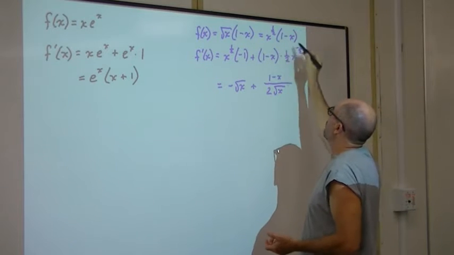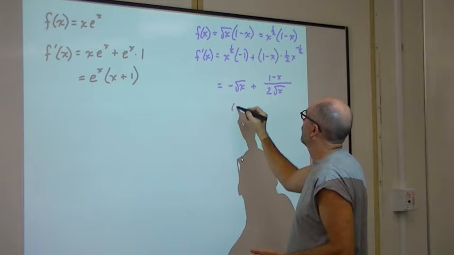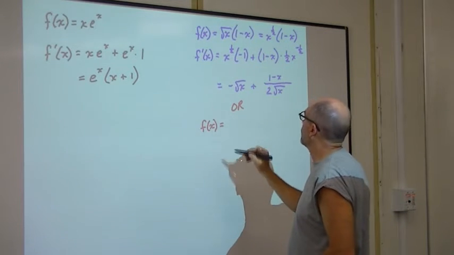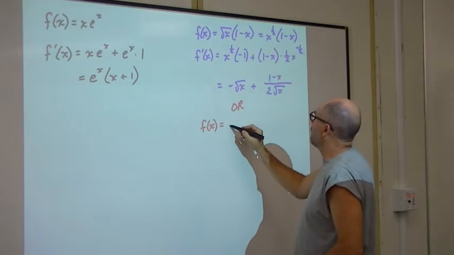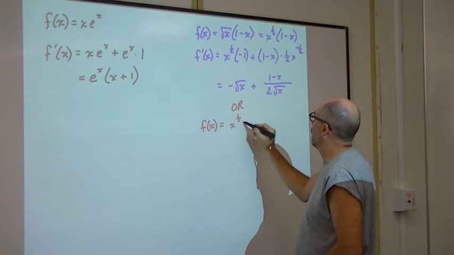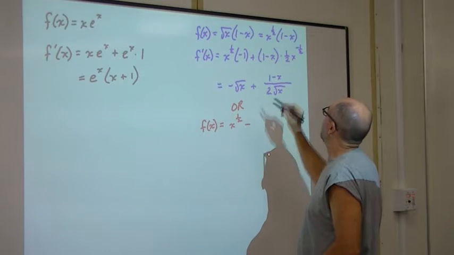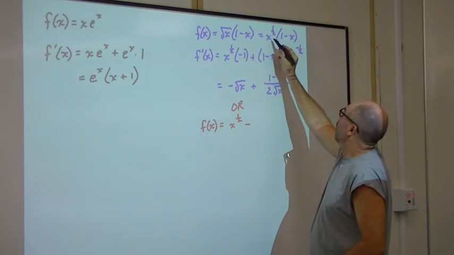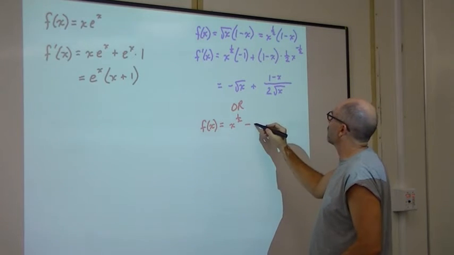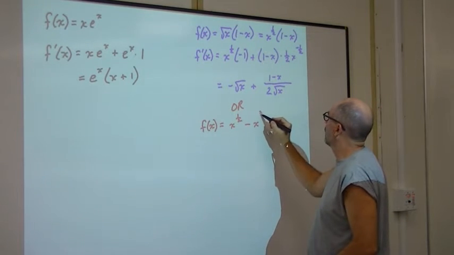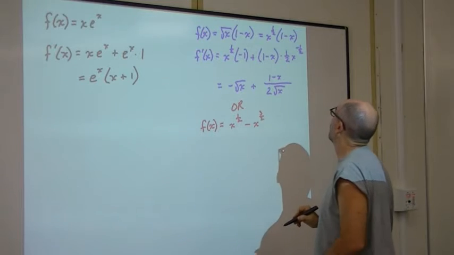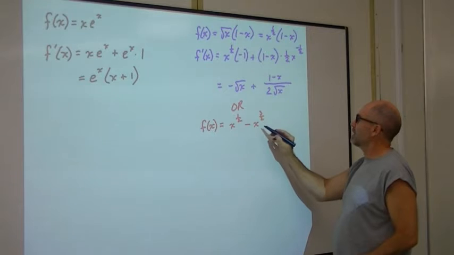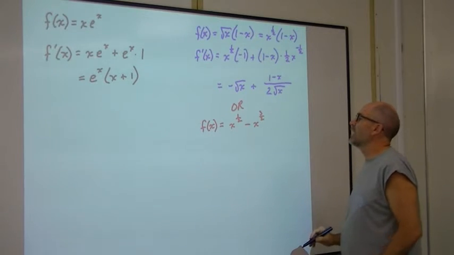If I just distribute my x to the 1/2, then what I have is f of x equals x to the 1/2 times 1 minus x to the 1/2 times x, which is 1/2 plus 1 is 3/2. Notice I'm multiplying the square root of x times x, and that's going to be x to the 3/2.